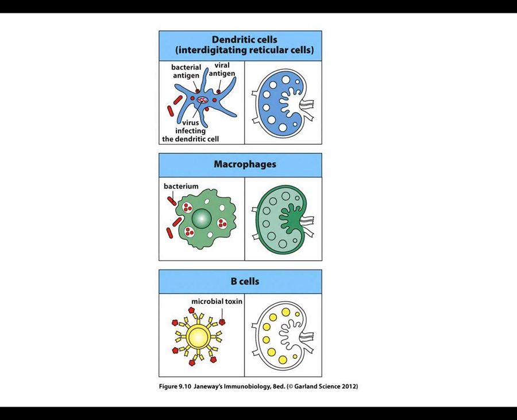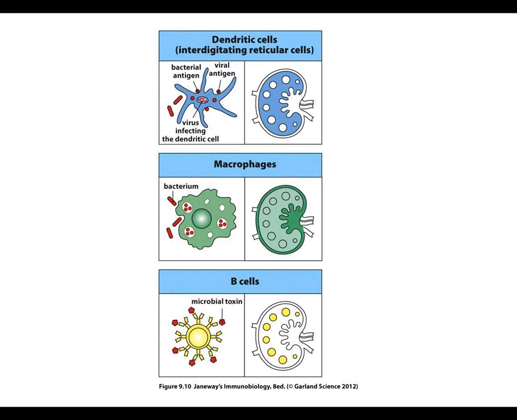So once a T cell is in the lymph node, there are 3 different cells that are specialized to present to it: dendritic cells, macrophages, and B cells. Now remember, any cell can present.